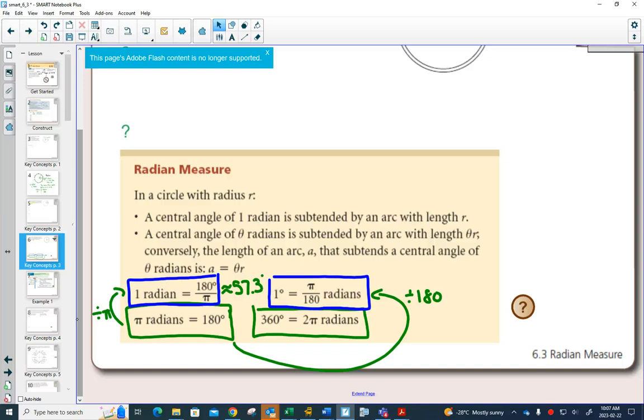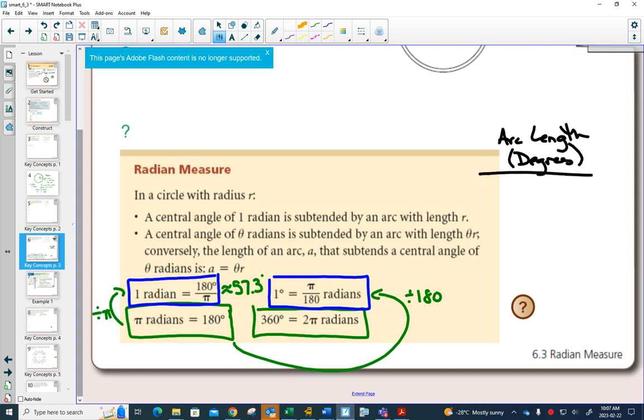Also, off on the side, right beside this, I would like you to rewrite out your formula that we learned yesterday. Our arc length in degrees that we found out yesterday was just a proportion out of 360 of the circumference.